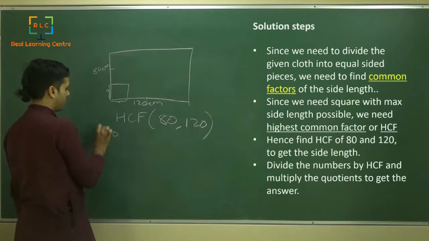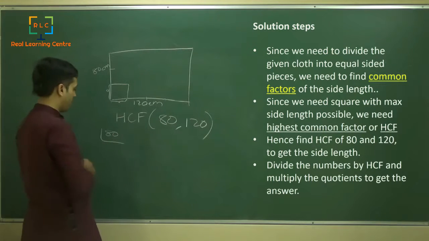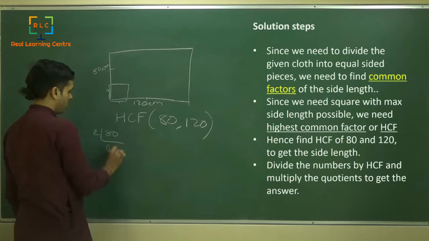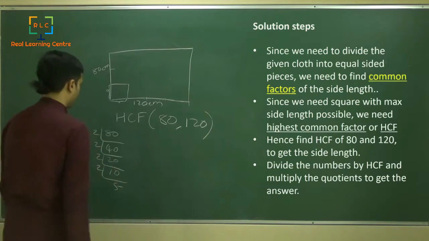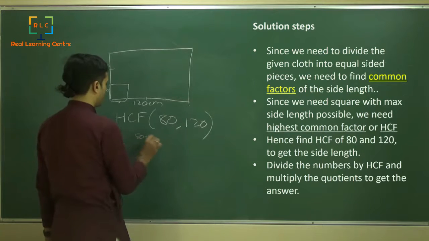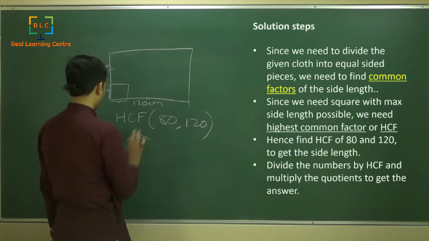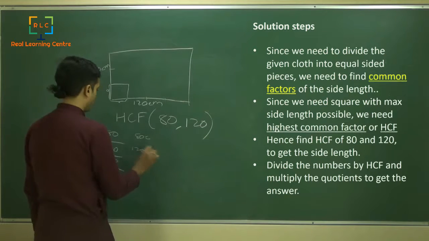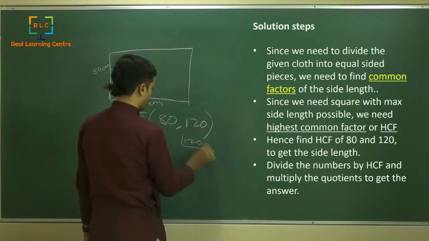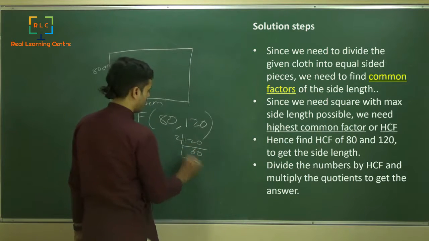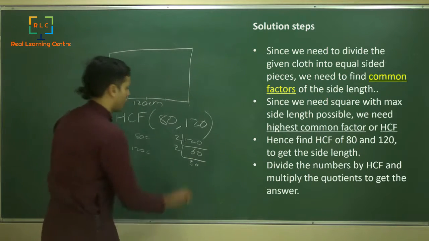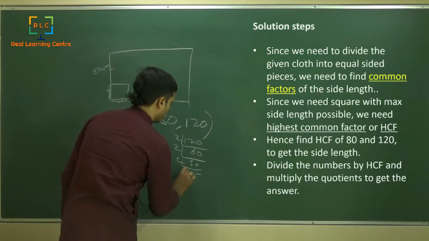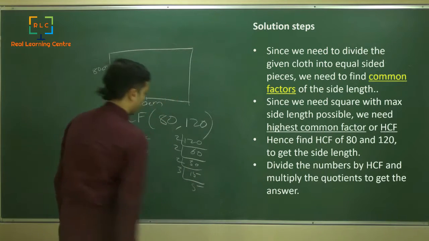For the HCF, I am using the prime factorization method here. 80 divided by 2 is 40, again 2 gives 20, again 2 gives 10, again 2 gives 5, and 5 is prime. Then 120: divided by 2 is 60, again 2 gives 30, again 2 gives 15, and 15 is 3 times 5.